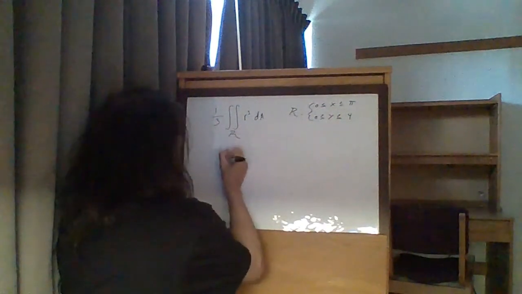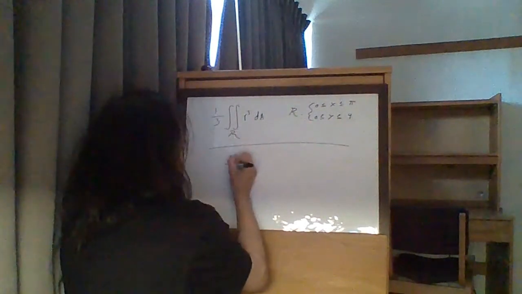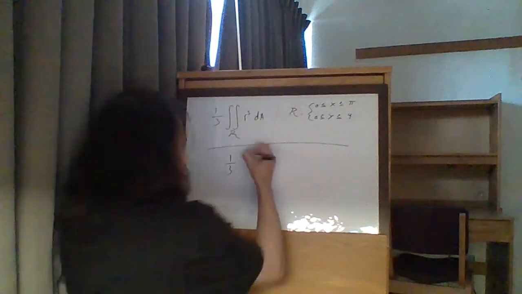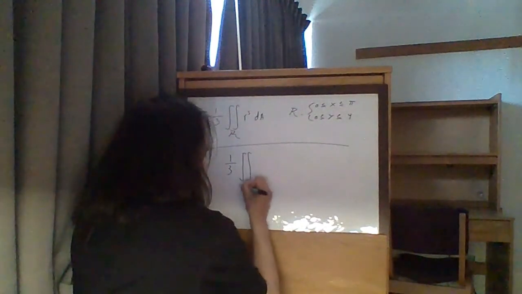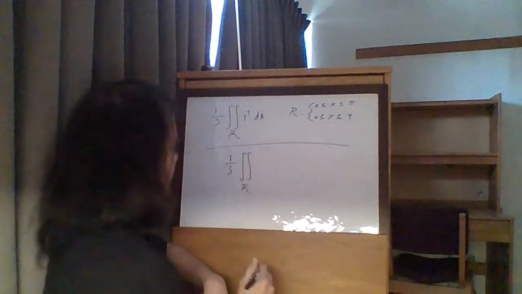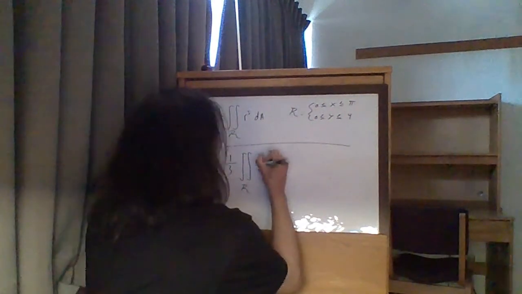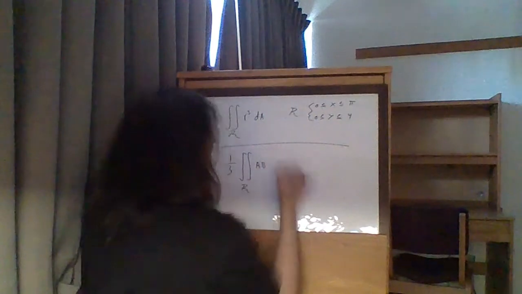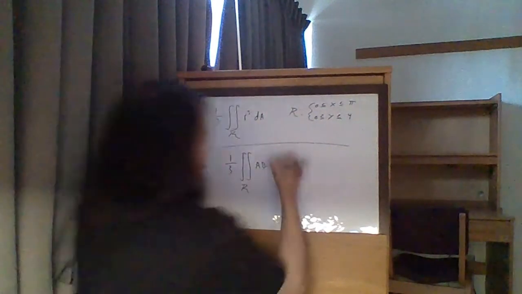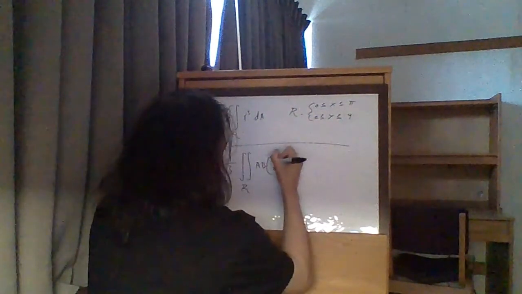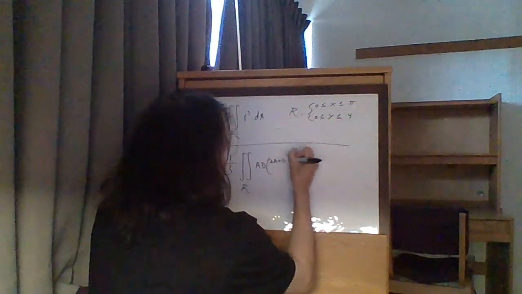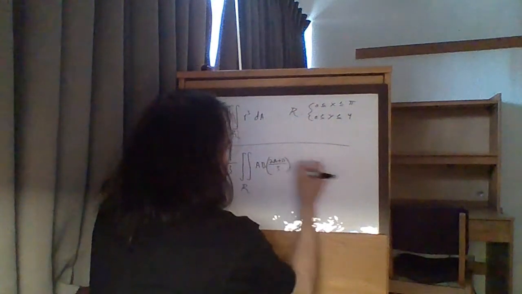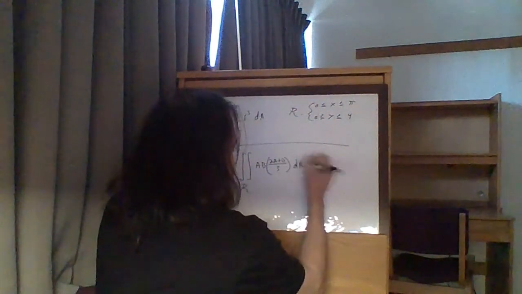We're going to say we need 1/3 for this integral, and then we're going to have a times b times (2 times a plus b over 3) dA.